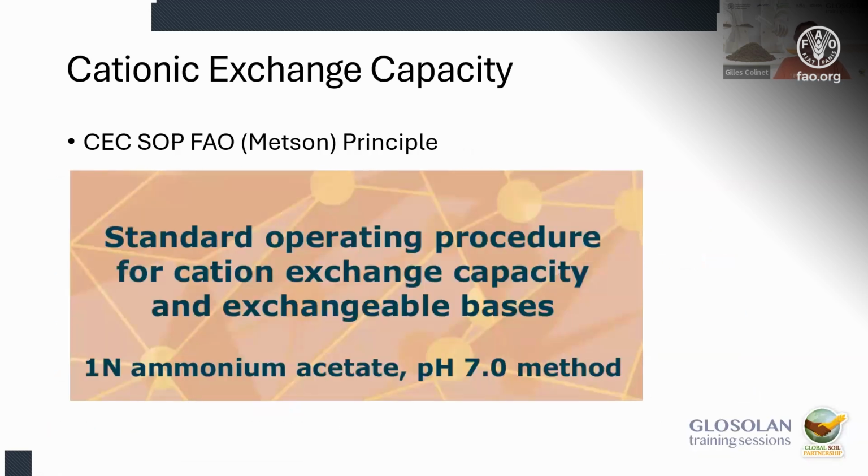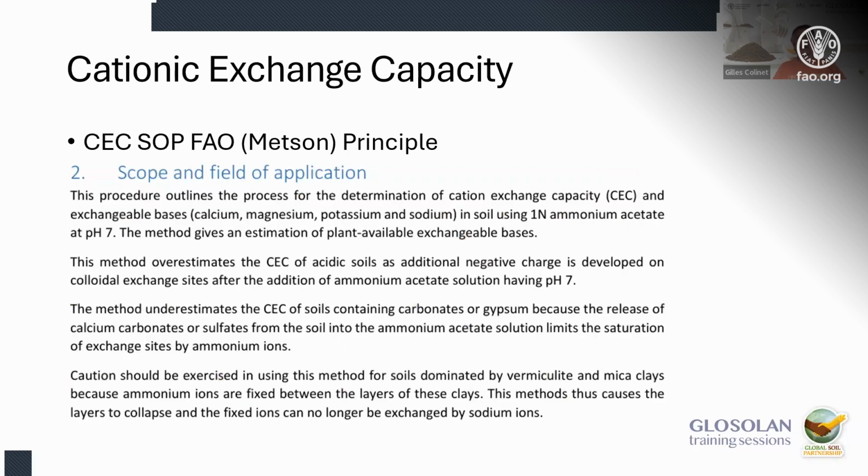So we worked with the SOP from FAO, which uses ammonium acetate 1 normal buffered at pH 7. Globally, it is one of the most widely used methods for the CEC.